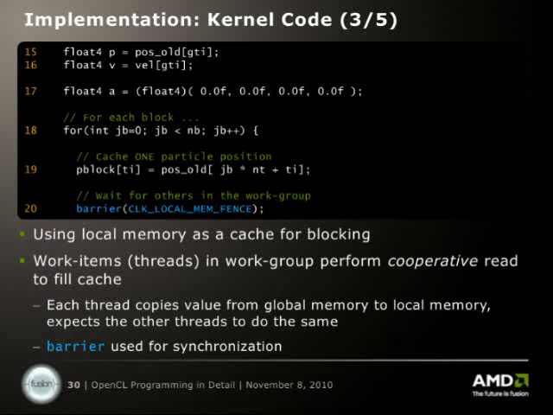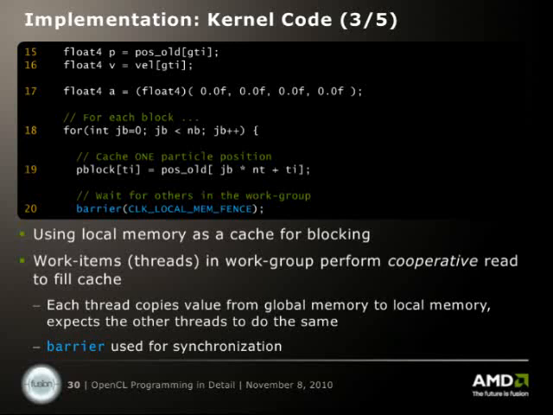The idea here is that the kernel will cache one particle position, but notice that the indexing in line 19 is offset on both the left and right-hand side by the local thread index TI, in other words, the index within the local work group. The kernel caches one particle position, but then relies upon the other work items or threads in the work group to do the same, to load up the cache.